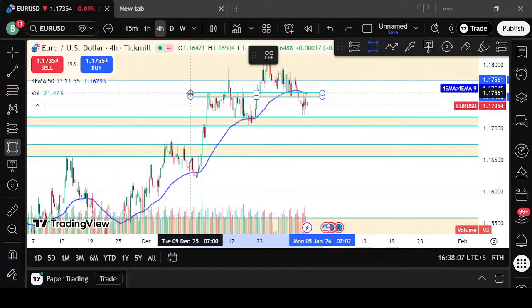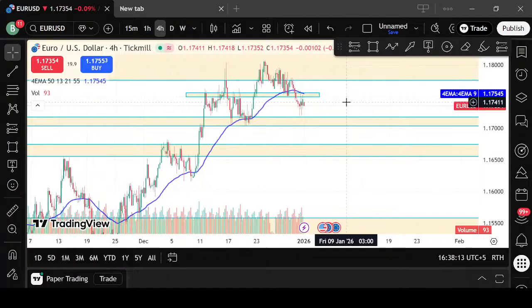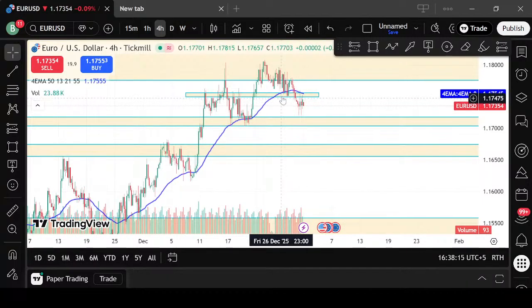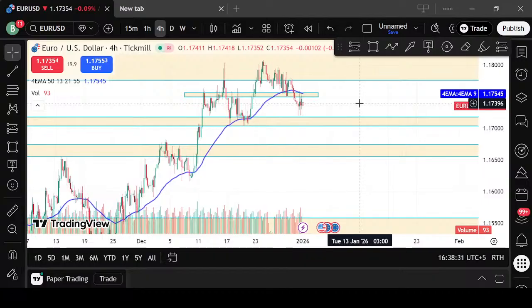Because I'm gonna explain that. You can see that there are clear rejections of EMA, and one time it rejects from here and rejected here, and also rejected from here. So it is strong resistance on the 4 hour time frame.